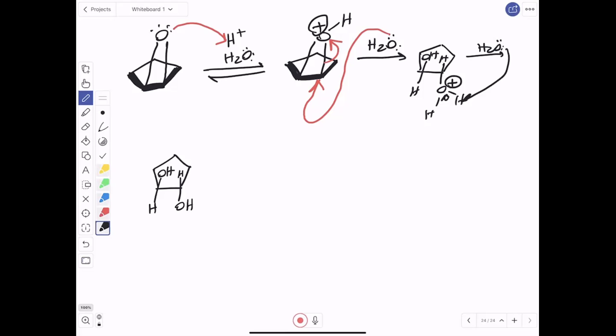Question? So far we know three different bridged intermediates: epoxide, one with halogen, for example, bromonium ion, and the one with mercury.